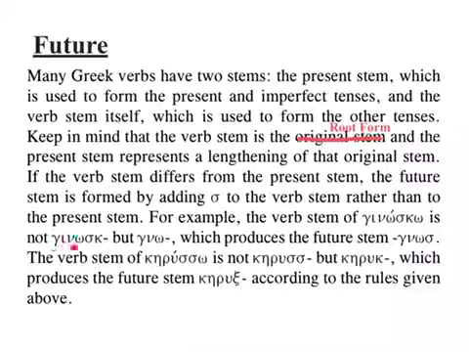It would be nice if you could not say it. So if you understand that this gnosko comes from gno, then you can understand that when the future and other things happen, like second aorist, the future form is going to be this, gnos. So, if you had an ending on it. Got it?